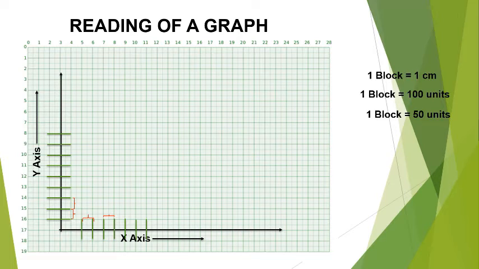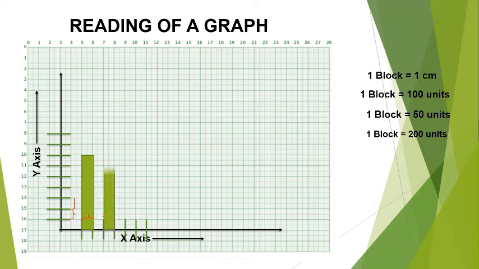So, on the scale, your one block will be of 50 units. In the same way, if you are choosing the scale as 200, then your first dark line will be 200, second dark line will be 400, third dark line will be 600, and like this, so on. So, your one block will be of 200 units.